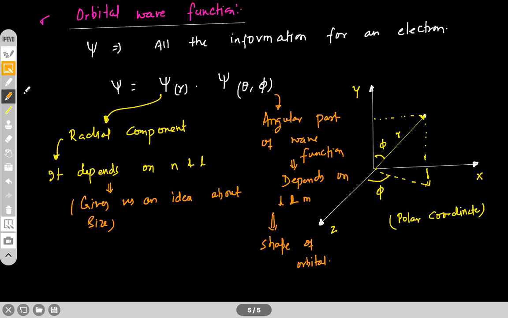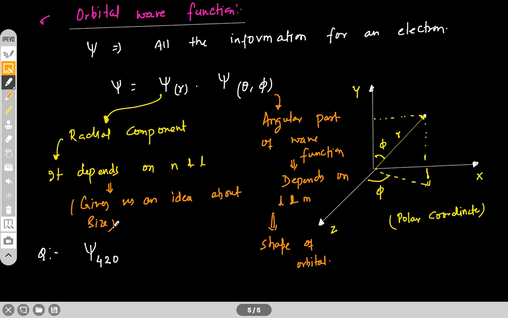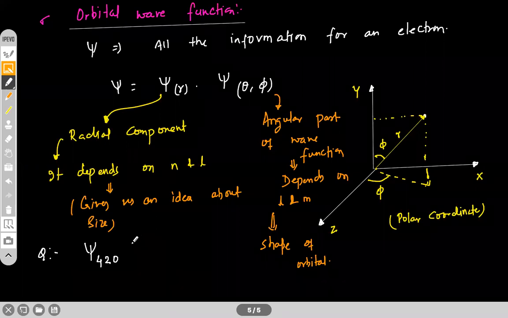One thing you must take care of. Sometimes they'll give you this kind of notation and ask you to find out which orbital it is. They'll give you some number like this, psi, and suppose 420. And the question is which orbital it is.